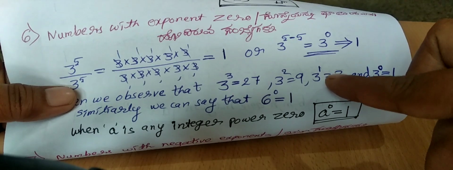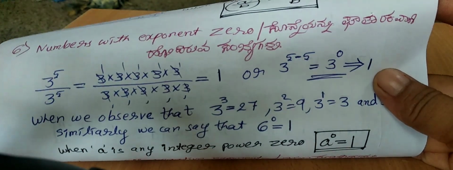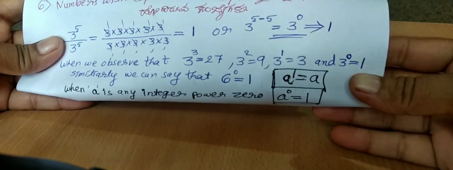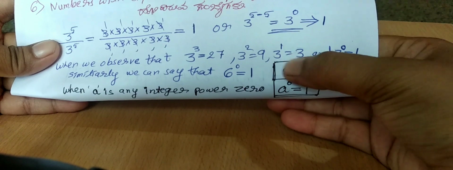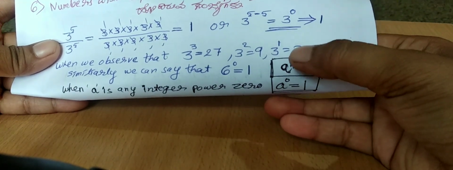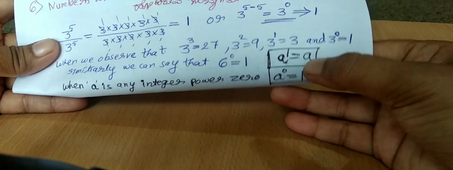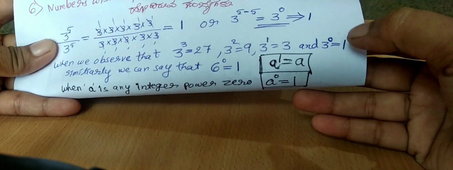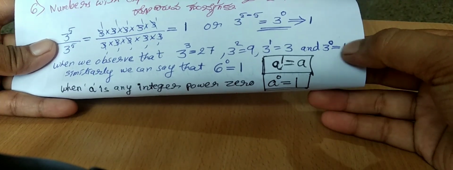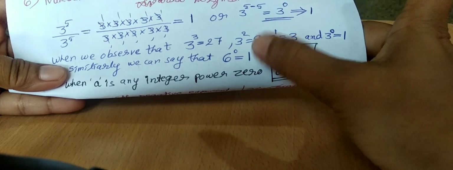If you take any number to the power 1, it shows the same base. 3 to the power 1 is 3. A to the power 1 is A. And when you take 3 to the power 0, that represents 1. Similarly, we can say 6 to the power 0 is also 1.